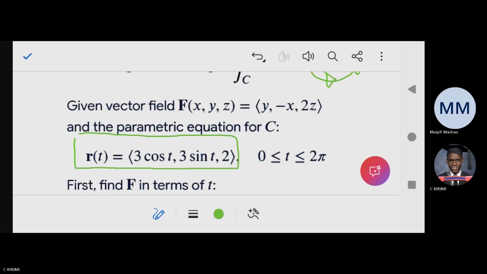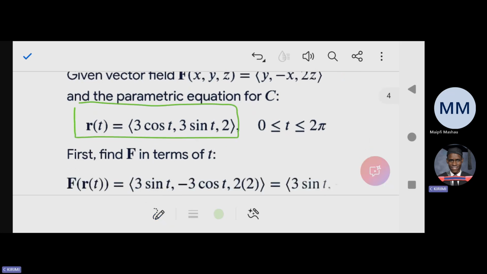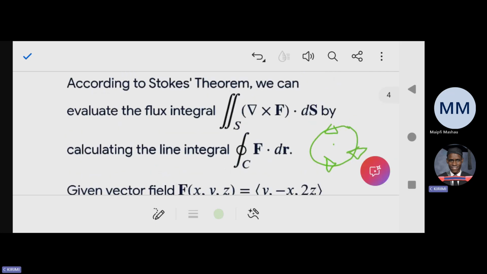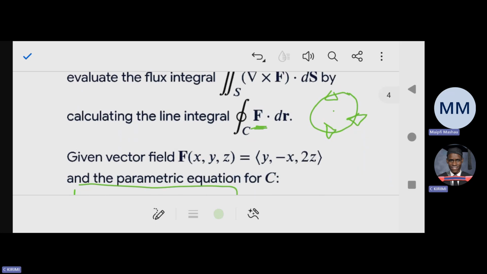And how do we find first f in terms of t? Can you see this f which you are looking for? I want to find that f in terms of t. And remember, the f which you are going to put there is the same f as this one.